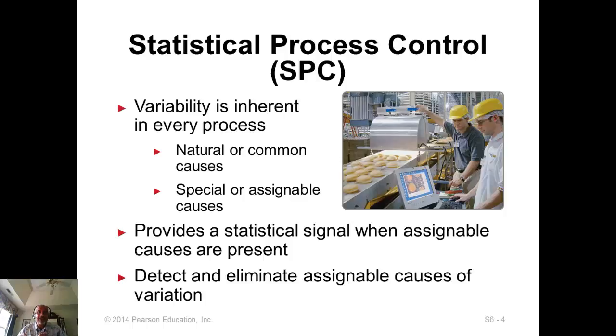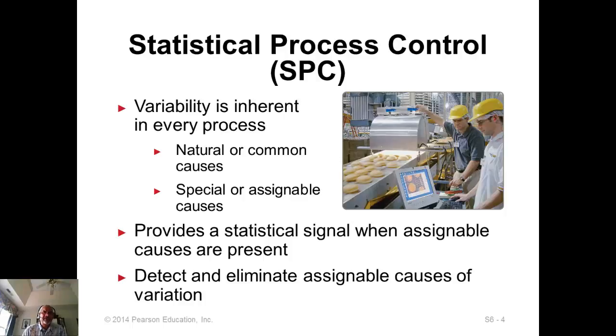This is variability attributable to correctable problems in the production process. Those are called assignable cause variation, variations due to assignable causes. So statistical process control is a statistical signal to indicate when assignable causes are present. That is the primary objective of statistical process control.